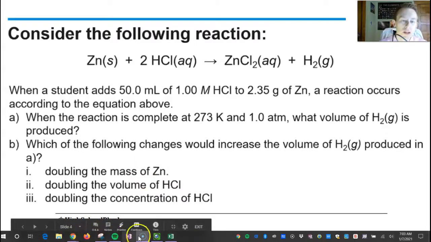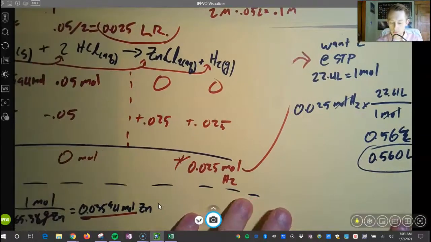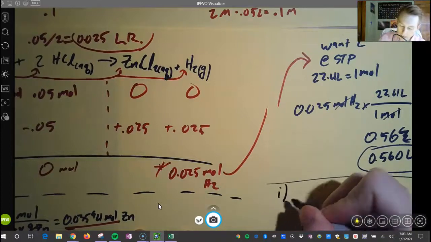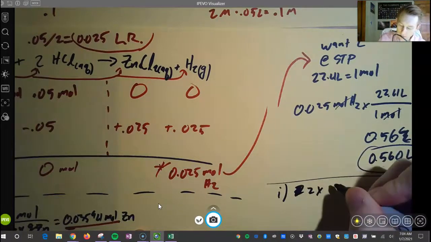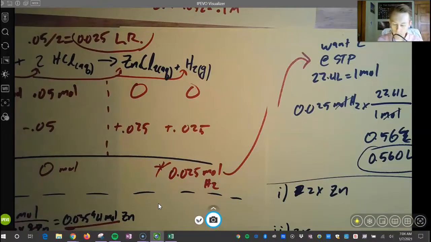So let's pop back over here. And so we want to know these things. So for I, set double: 2 times the zinc, 2 times the volume, times molarity.